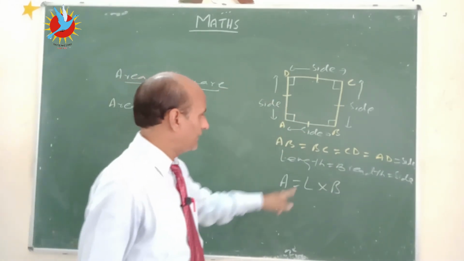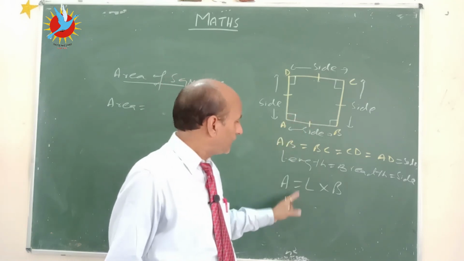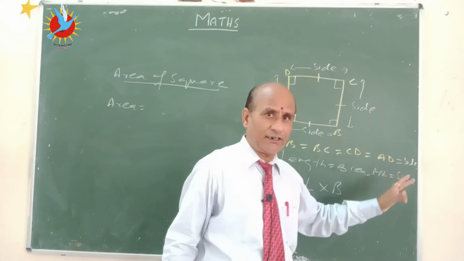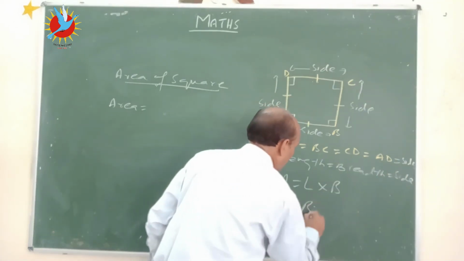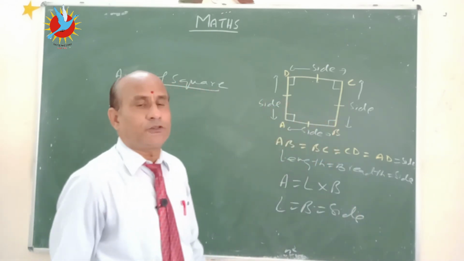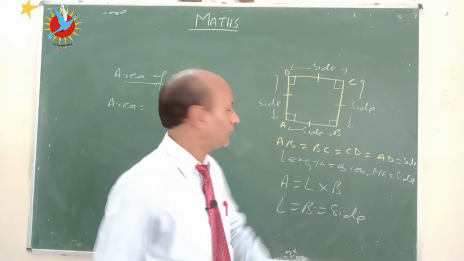Now in that case, length and width are equal in case of a square, and we have taken length and width as a side, because both are equal. So in place of length and width, if we put the side, then we will get the formula of a square.